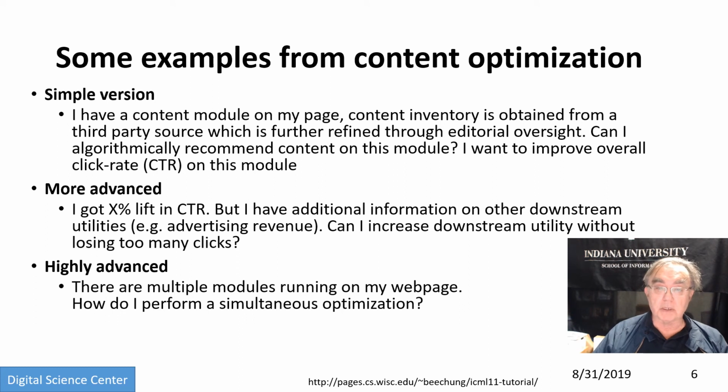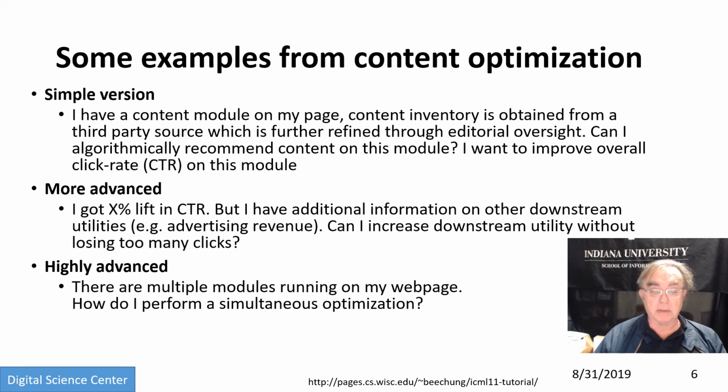So when I'm looking at this content, in the simplest case, I have a content module, and I have an inventory of possible content, and then I can produce some bias that I'd like a certain type of content, and I need to recommend the content in some fashion that improves the overall rate of clicking on this module, so that people are pretty interested in this module. And then I manage to make the click improve, but I also have additional information downstream as I further click through, and I want to increase the value of these downstream utilities.